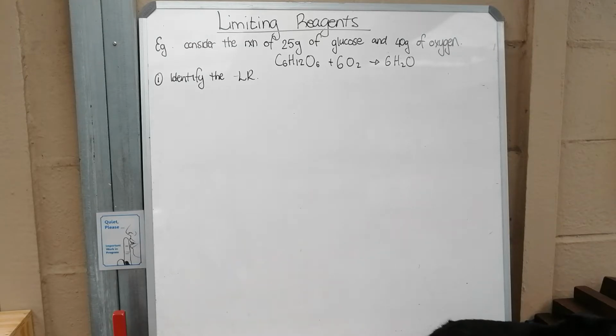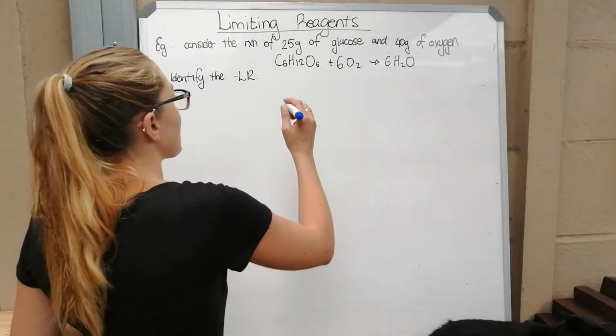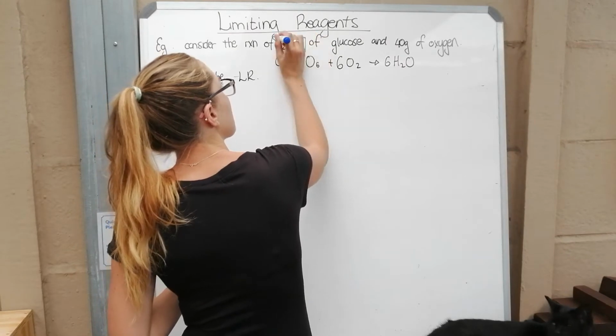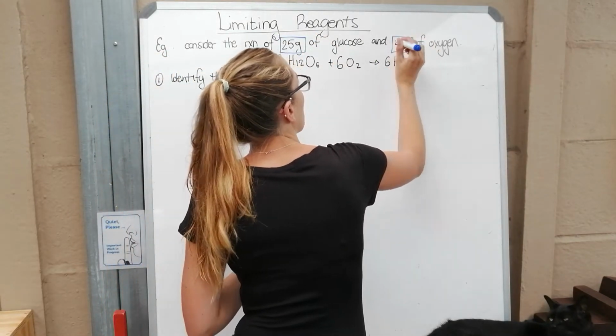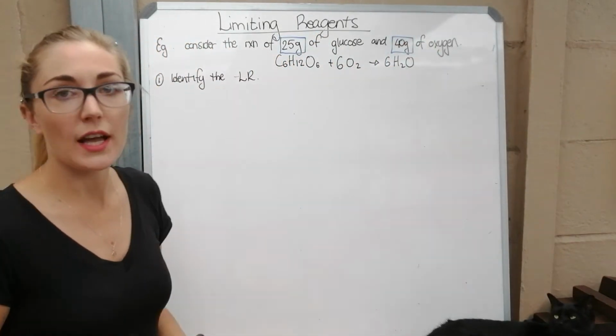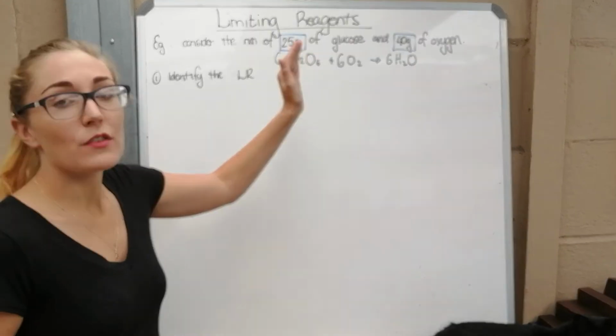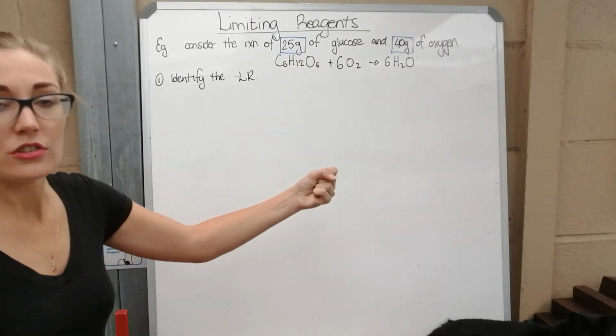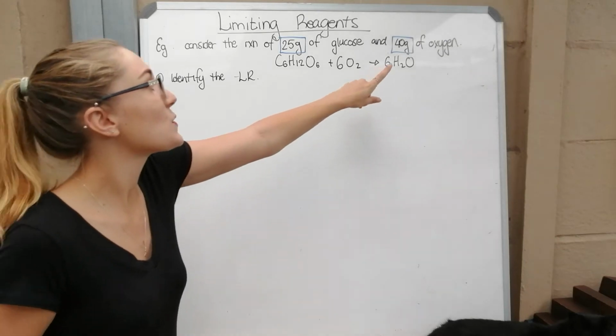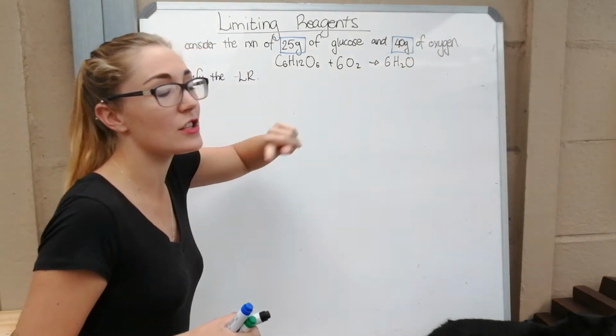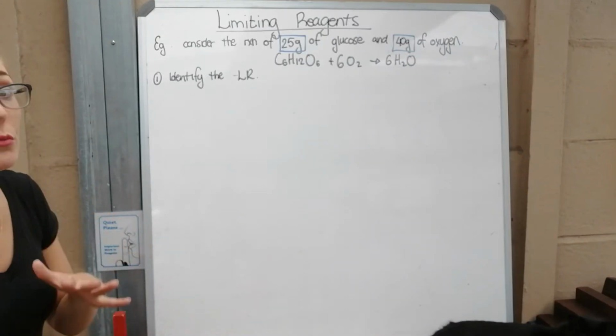Okay, so first off, and this is something I want to address, it's not in that note, I know that there are some of you who are going to look at these numbers and say to me, but ma'am, we have less glucose than we have oxygen, which means obviously then the glucose will run out first. No, okay, because firstly, remember that it reacts according to moles, not according to mass. So just because we have a bigger mass of oxygen does not necessarily mean we have more moles of it.